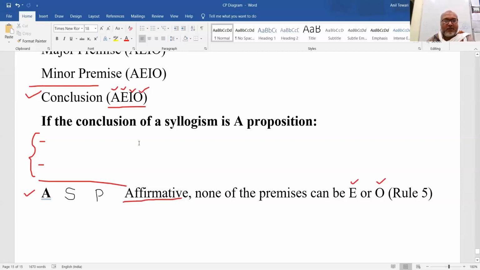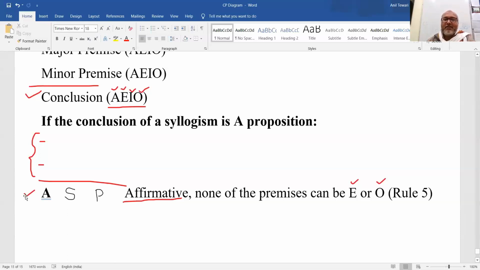Okay. Now, the second question you need to raise is, what is the other possibility? So remember rule 6, you cannot derive a particular conclusion from the universal propositions. You cannot derive a particular conclusion, a particular proposition from universal propositions.